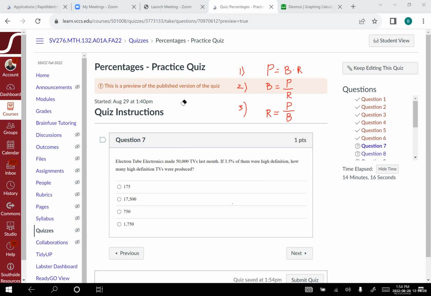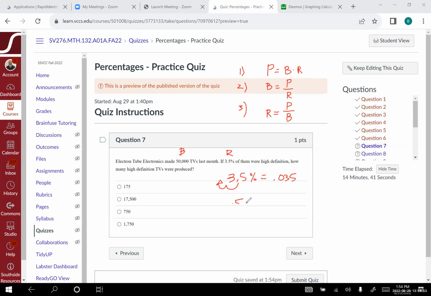So that sounds to me like this is the base and this is the rate. So we're looking for the part. 3.5% as a decimal is 0.035.